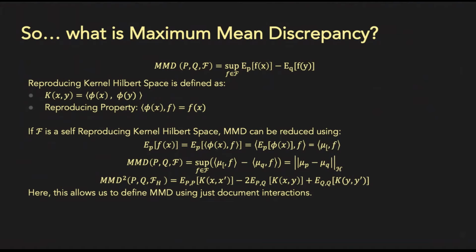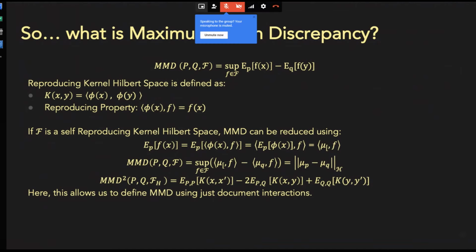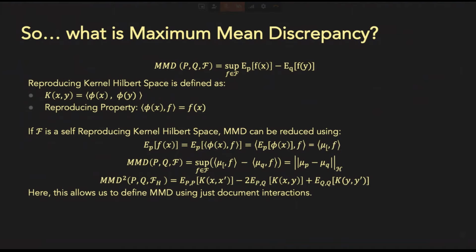We say the expectation over P of Fx, we can use the second formula and write it out so that it becomes the dot product of mu P and F. There's another typo there, it should be P, not bracket. Sorry about that. So we reduce this problem to the Hilbert space norm of mu P minus mu Q.